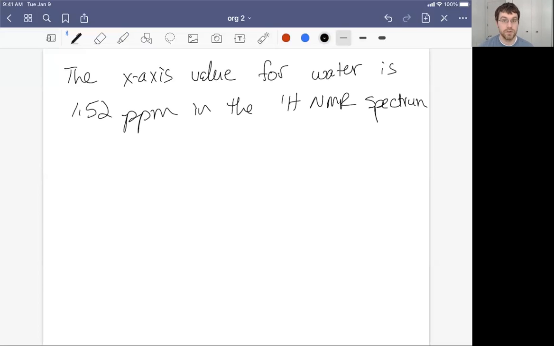So we use TMS to first subtract the 300 from it, and then we divide it by the frequency of TMS to give us our per million quantity. So the parts that we then take per million.